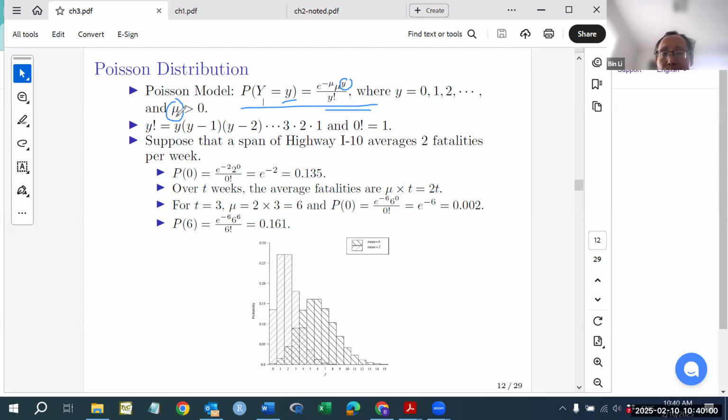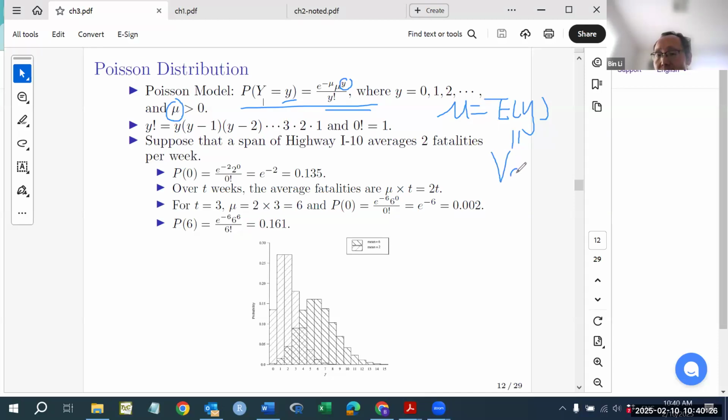And what is that parameter mu? This mu is the expected value of y. In the Poisson model, we can prove that mu is also equivalent to what?